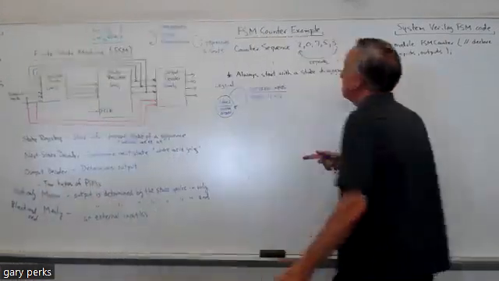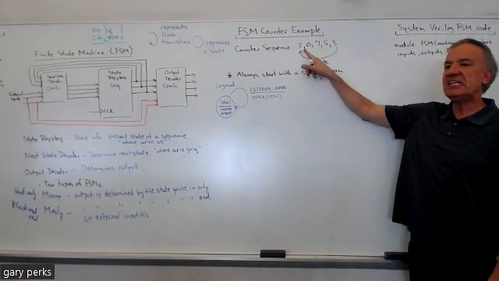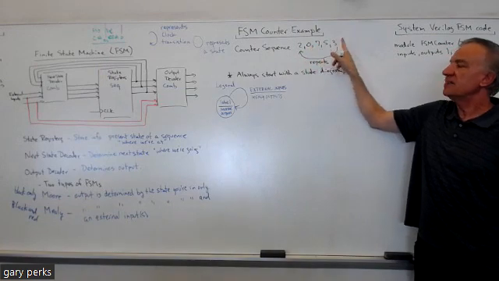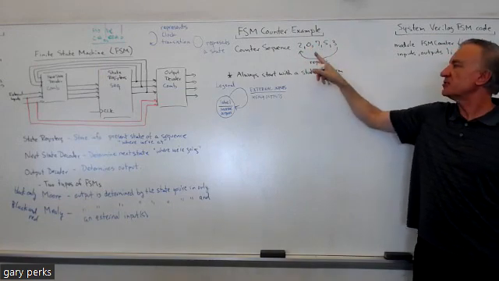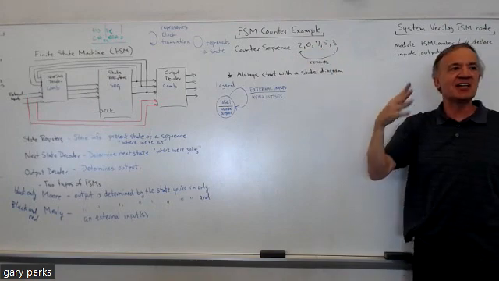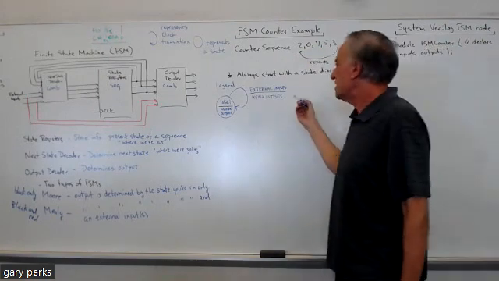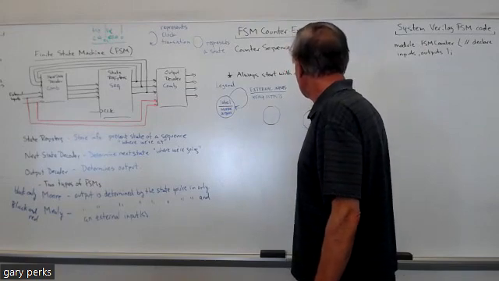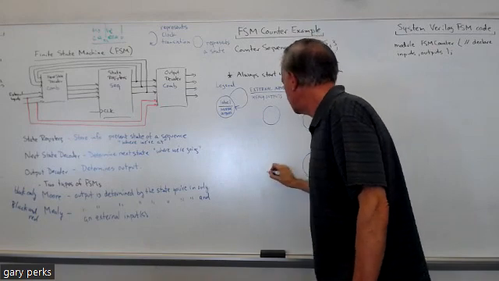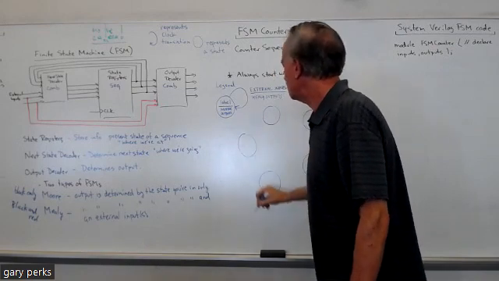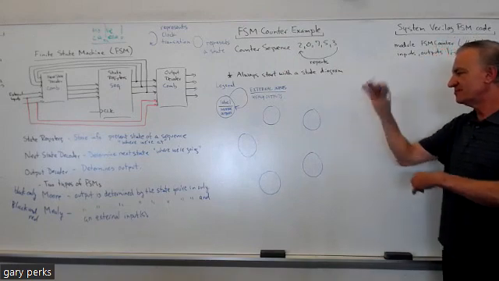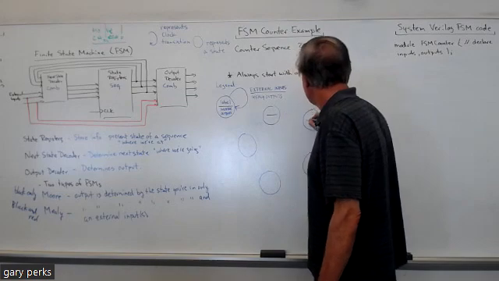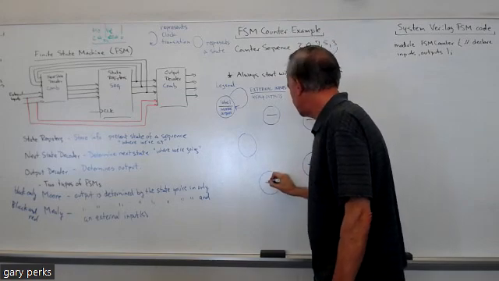The first thing is we're going to have a circle for each state, and we're going to consider each count in the sequence as being a state. So since I have 5 numbers in my sequence, I'm going to have 5 states. The orientation doesn't matter. So we've got our 5 circles for our 5 states.